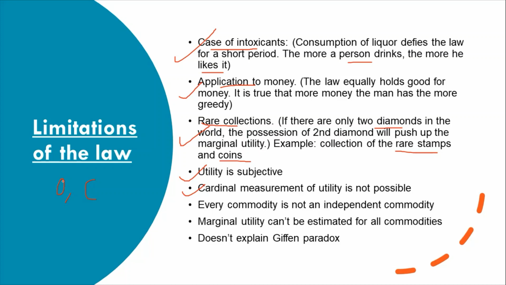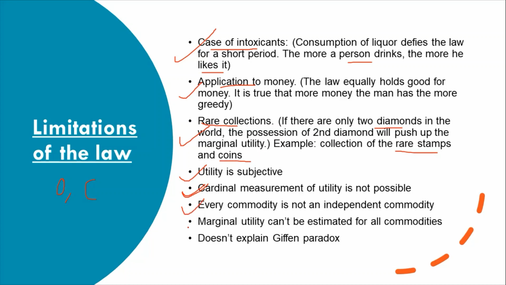Cardinal means giving a specific utility value. You can't say that the first bottle of water is giving you 10 utils of utility, or 12 utils. We do that in numericals to solve them, but in reality it's a difficult task. You can't just put a number to the utility that you're deriving.